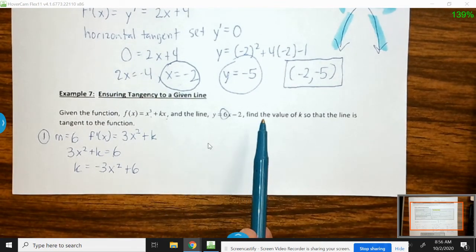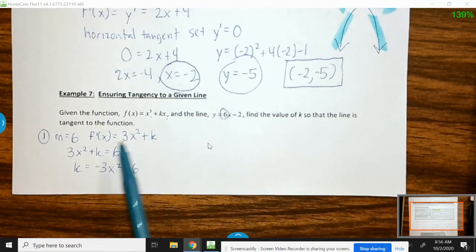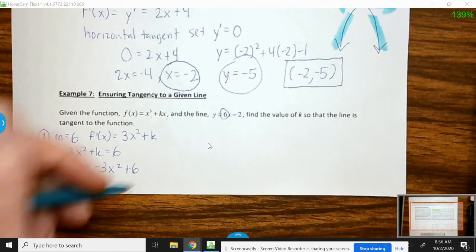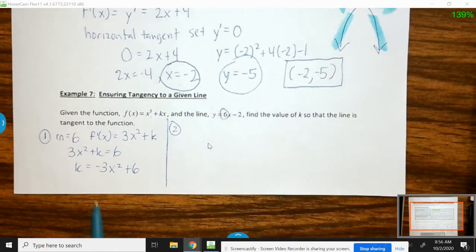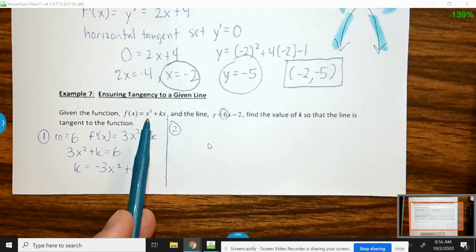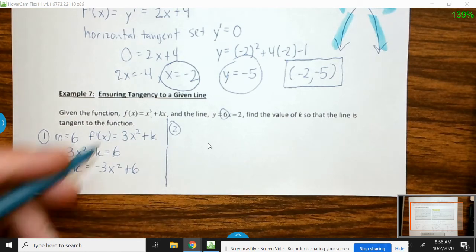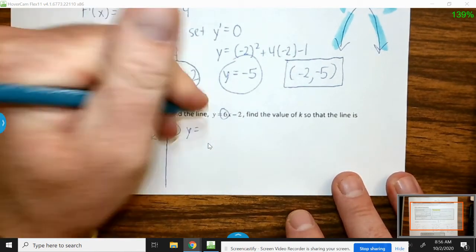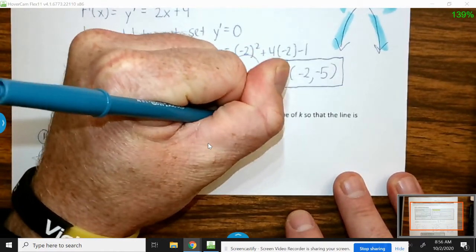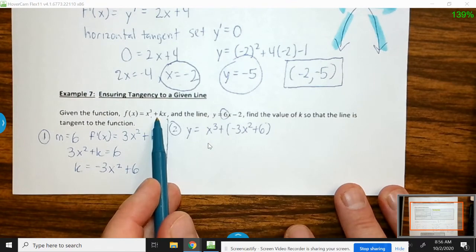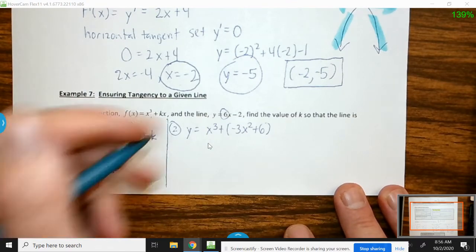Right now, it's looking for the value of k so that the line's tangent to the function. I have an actual expression for k. K is simply negative 3x squared plus 6. So let's go ahead, maybe I'll make this a second part, and plug that k value into the original function to see what happens. I would end up getting y equals x cubed plus negative 3x squared plus 6, replacing k with its expression times x.